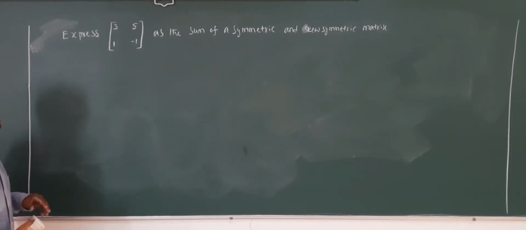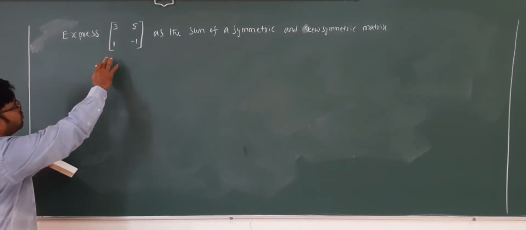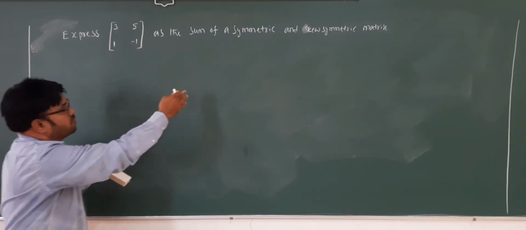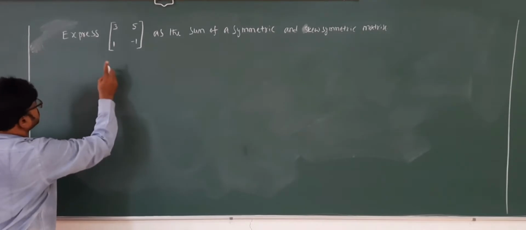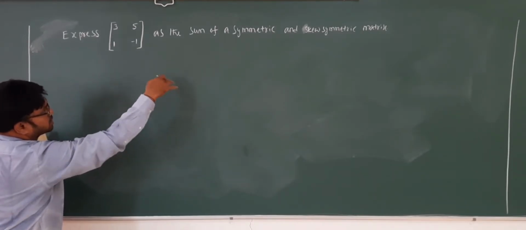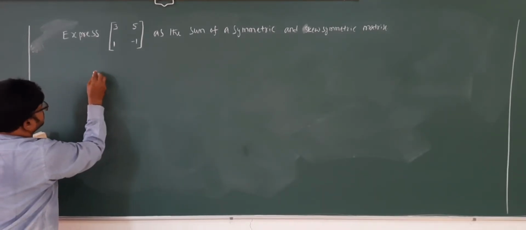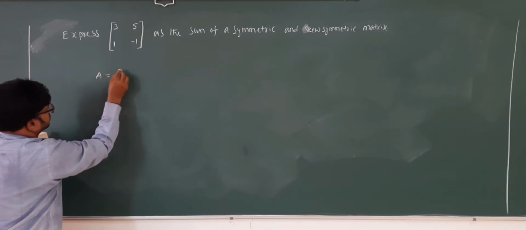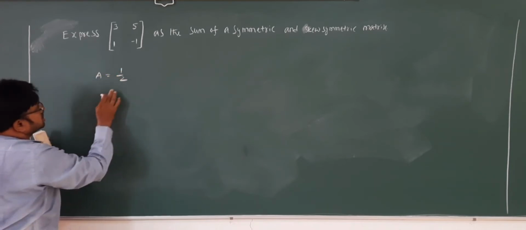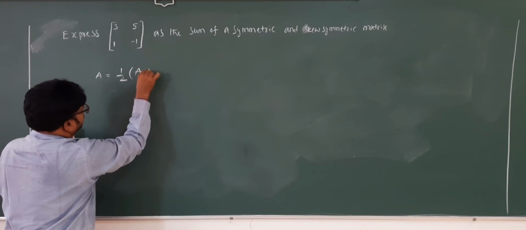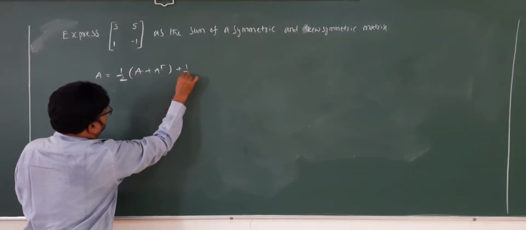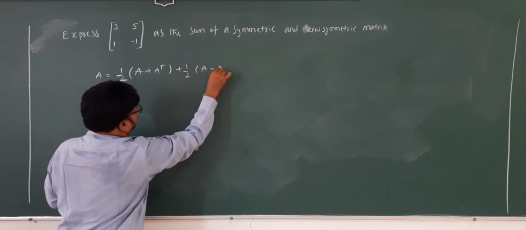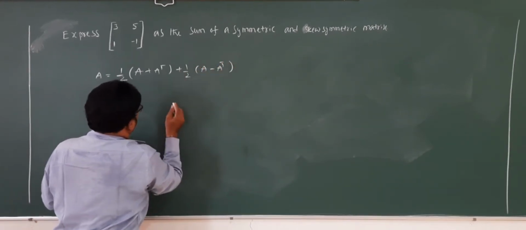So the next numerical: express the matrix [3 5; 1 -1] as a sum of a symmetric and skew symmetric matrix. Sum of symmetric and skew symmetric matrix means, suppose A is a matrix, we can write A = 1/2(A + A transpose) + 1/2(A - A transpose).